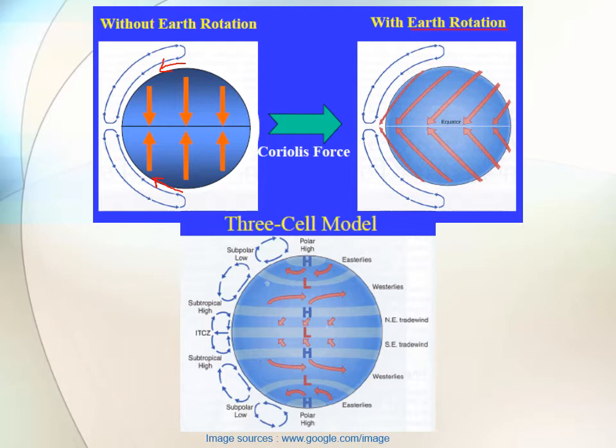Now, apart from this single layer or single cell rotating earth model, it was found by George Hadley that in the equatorial region, the air rising up, when it goes to the upper part of the atmosphere, gradually cools down and moves towards the poles in the upper air.